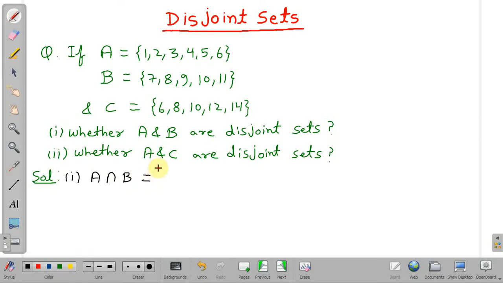Here A has elements 1, 2, 3, 4, 5, 6, while B has elements from 7 to 11. There is no common element between A and B, so A intersection B is equal to the empty set. As A intersection B is the empty set, A and B are disjoint sets.